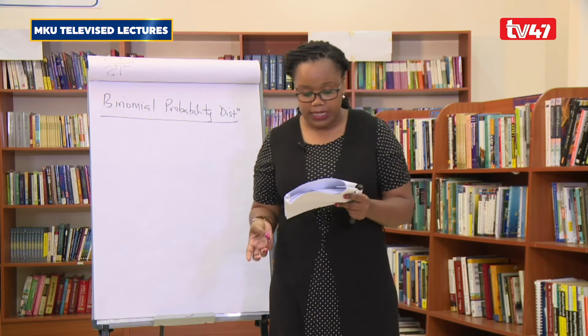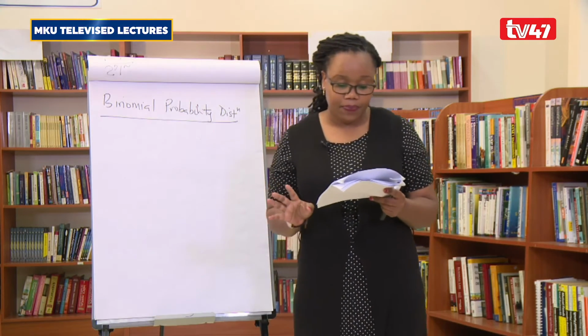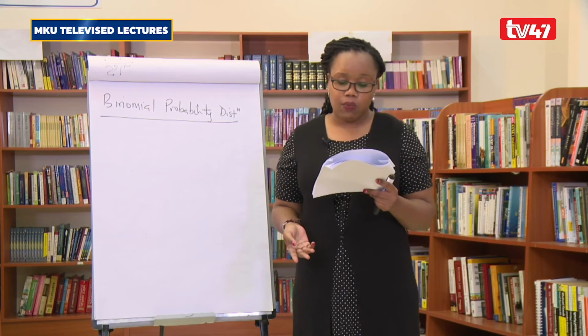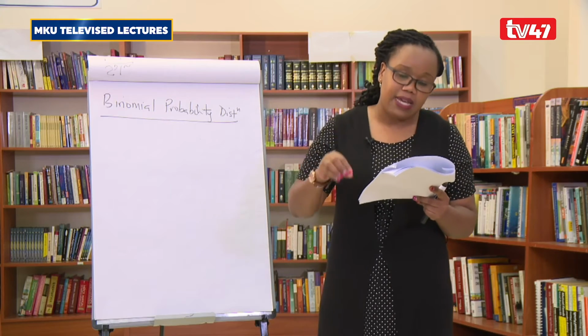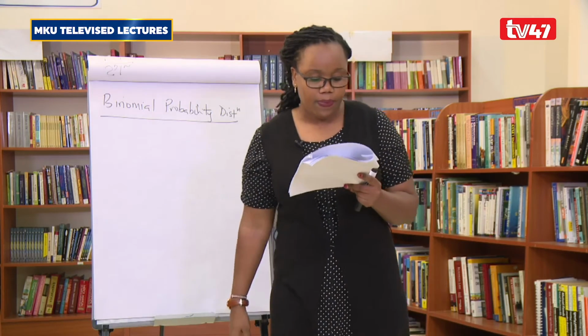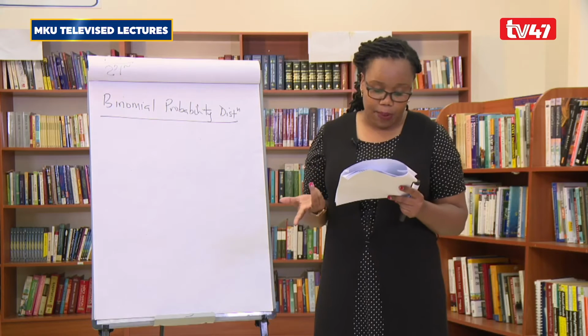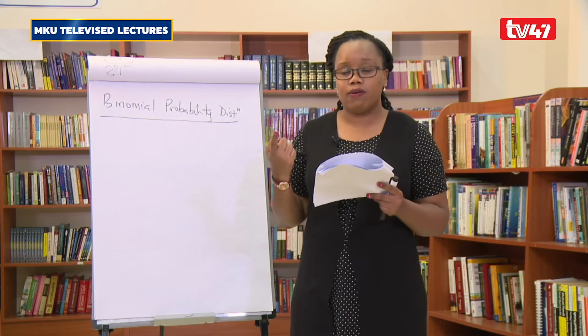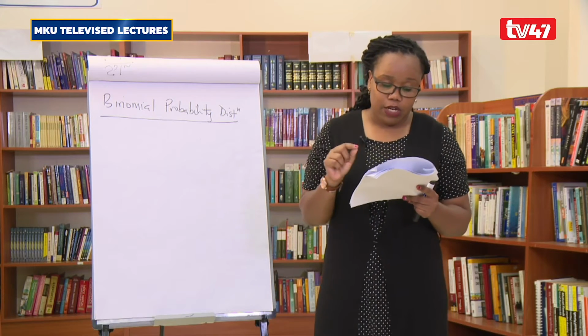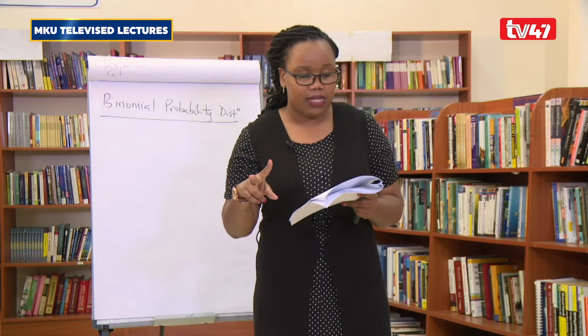First of all, it is a discrete probability. And by discrete events, we say that these are events whose results or outcomes can be counted. Okay? We have some properties. The first property, a binomial probability distribution has 2 outcomes, as I've mentioned.